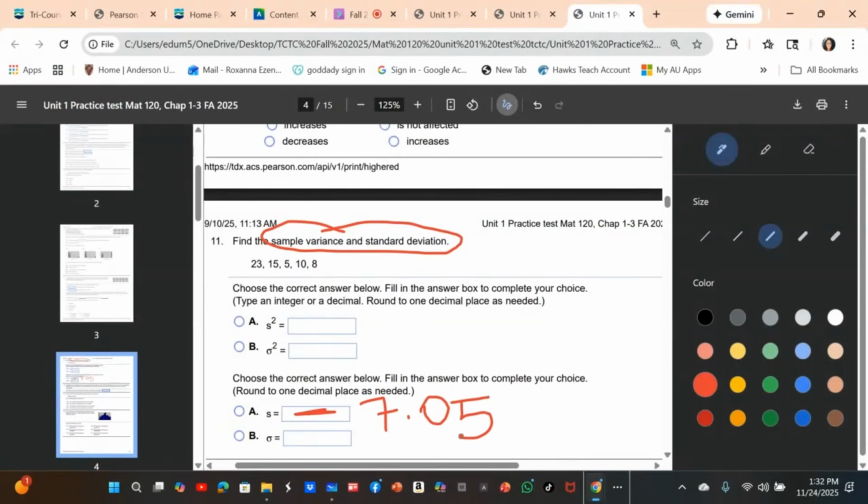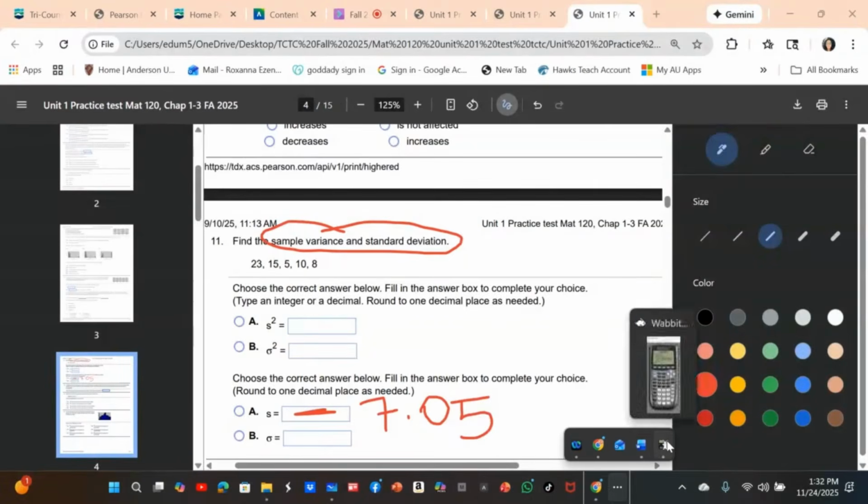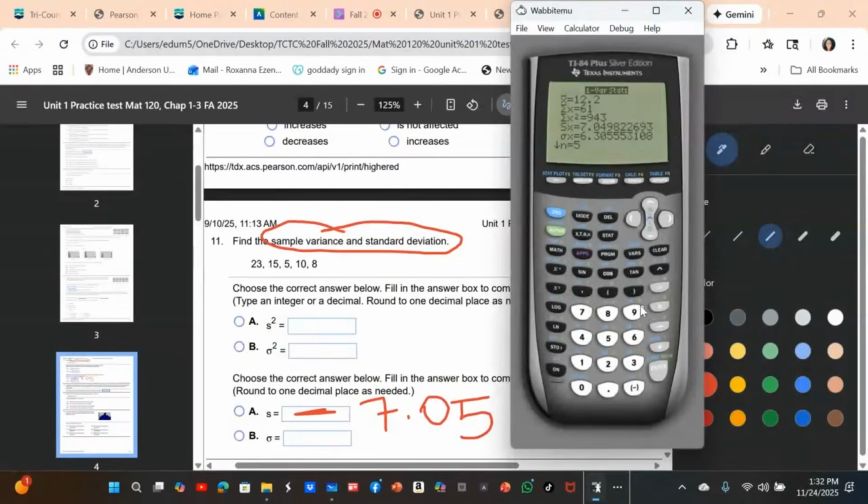Then I'm told to find the sample variance, and I showed you the quickest way to do this. You go to Second, Vars, Statistics.